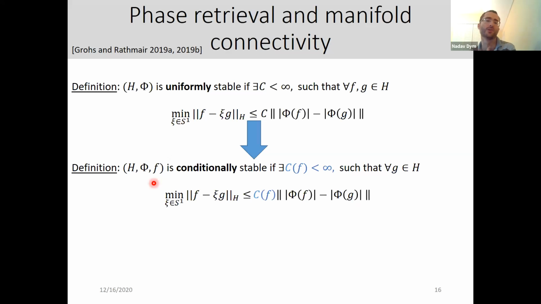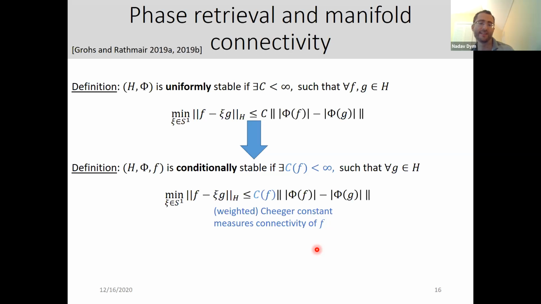We're not going to say something about all signals. Given a specific signal, how easy will it be to reconstruct this signal? So we allow a constant which depends on f. And this constant should measure how connected, in a sense, f is in the measurement space.